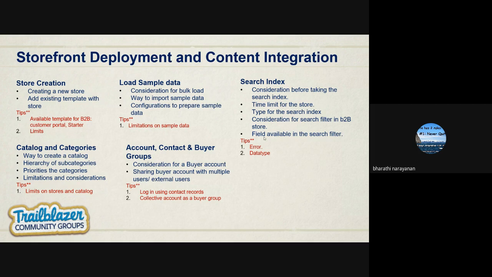So you have to know what data types we can add in the search filter, and if a field is not available, we have to do the re-indexing again. So keep these things in mind. For now, the search filter limits allow a combination of 70 fields alone. You can add up to 70.